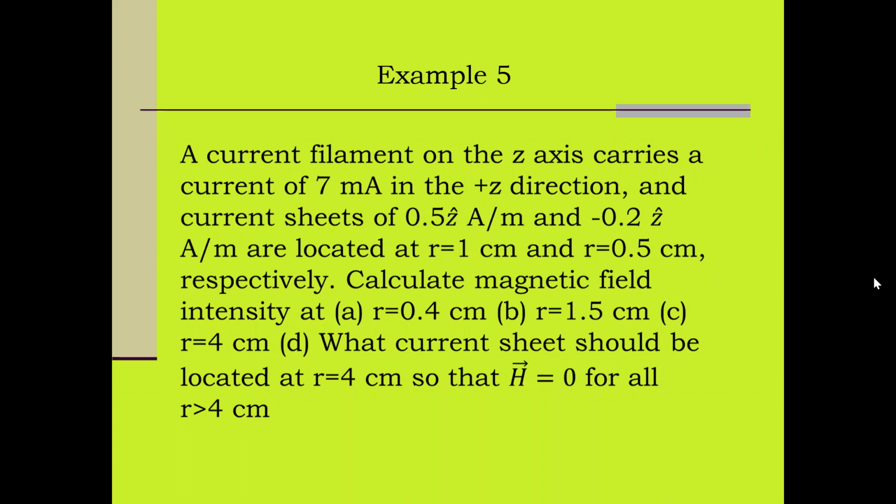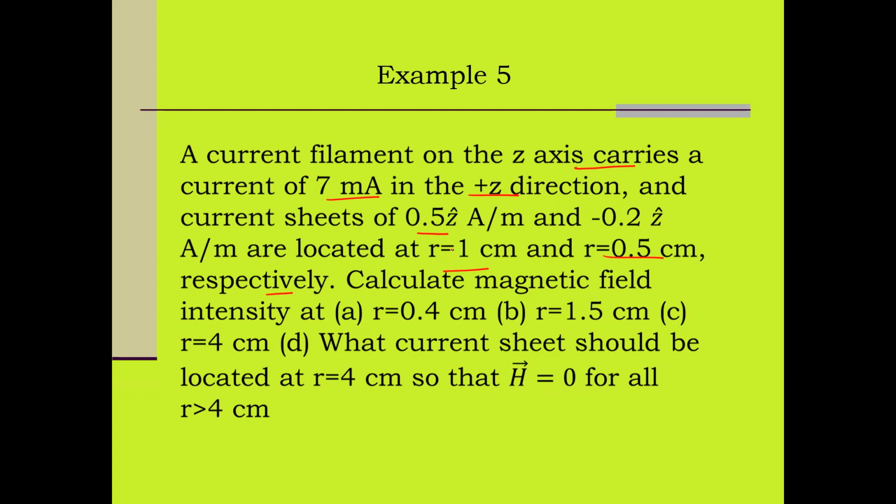Let us continue with another example on the ACL. For example 5, we are given these problems here. We have a current filament on the z-axis, which carries a current of 7 milliampere in the positive z direction, and current sheets of 0.5 ampere per meter in the positive z direction, and negative 0.2 z direction, located at r equals 1 and r equals 0.5 cm respectively.